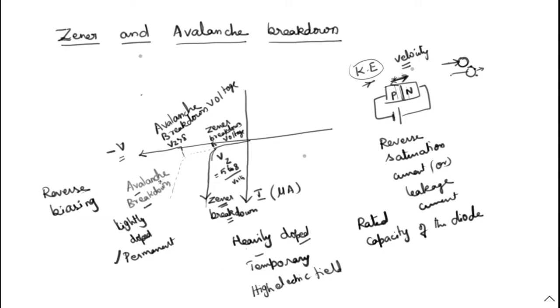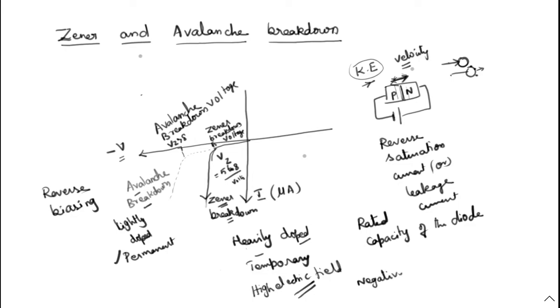In the case of Zener breakdown, the valence electrons are pulled into the conduction band due to the high electric field. The main reason is the high electric field. But in avalanche breakdown, the main reason is the collision of electrons with the other atoms. If you increase the temperature, it decreases the Zener breakdown voltage, so Zener has a negative temperature coefficient.